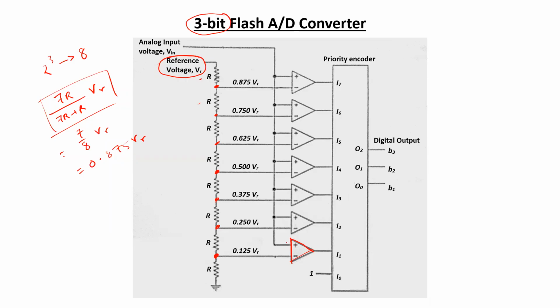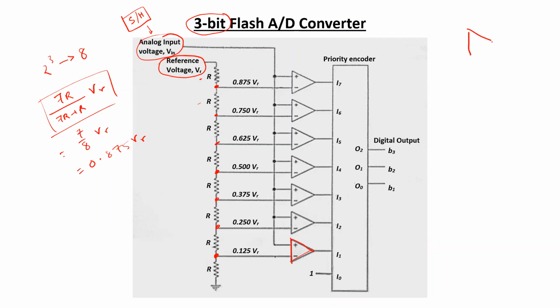And the non-inverting terminal of each comparator is directly connected with the analog input voltage. This analog input voltage is the analog voltage after it has passed through a sample and hold circuit. So that portion of the analog signal is connected with the non-inverting terminals.